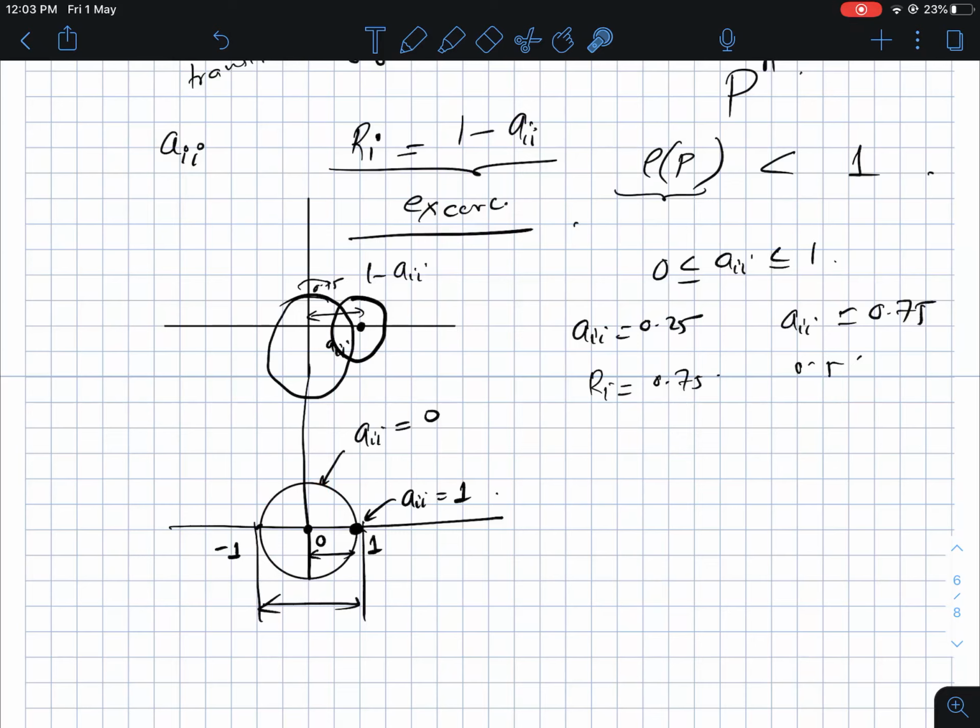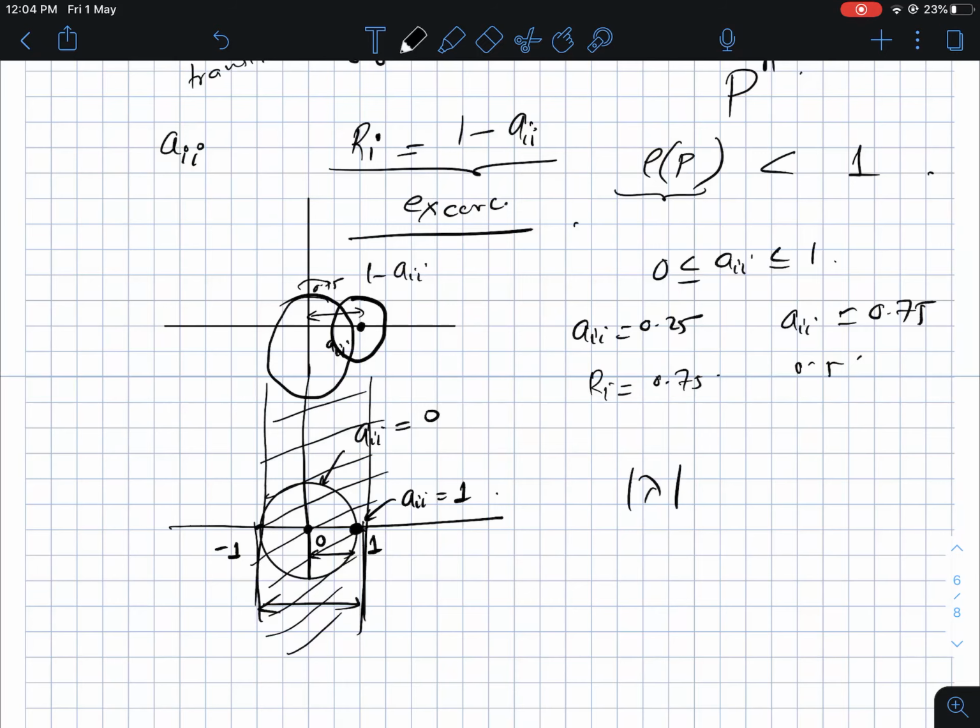The smallest possible circle is this one, and every other circle is somewhere in between. So none of these circles will have a portion beyond 1 or below minus 1. All the circles will lie in this slab.